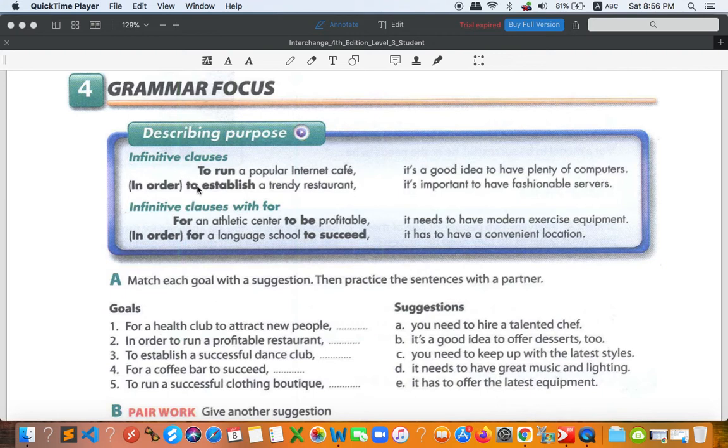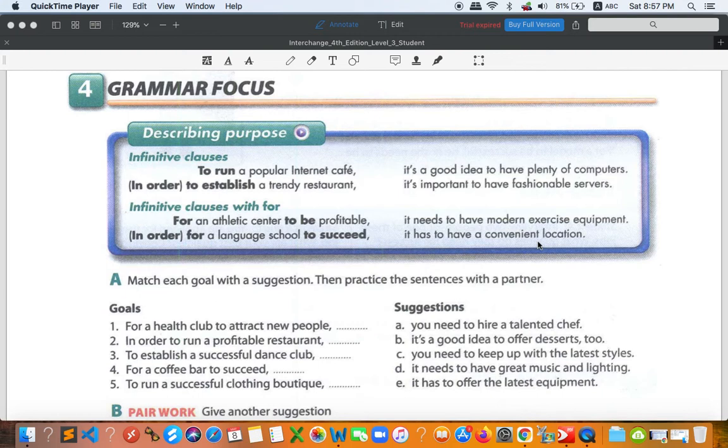Okay, let's move on to the second, infinitive clauses with for. For and to are different if you take a look at the example right here. The first, for an athletic center to be profitable, it needs to have modern exercise equipment. You see that? For. And you also can say in order for a language school to succeed, it has to have a convenient location.